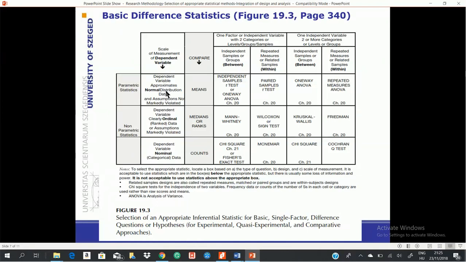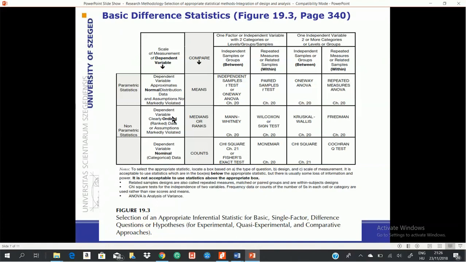look at this column first before we continue to the others. It means that you can do parametric statistics if you have two scales of data. Do you realize you can do parametric statistics if you have a ratio scale or interval scale?